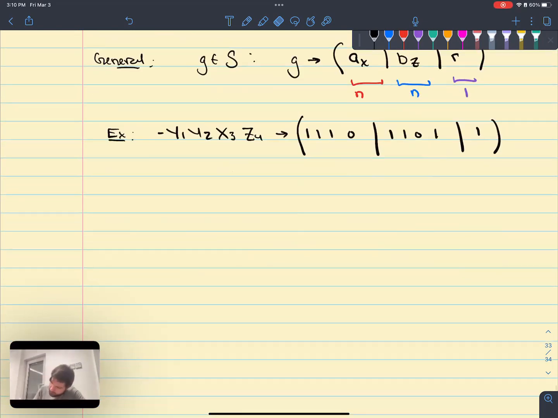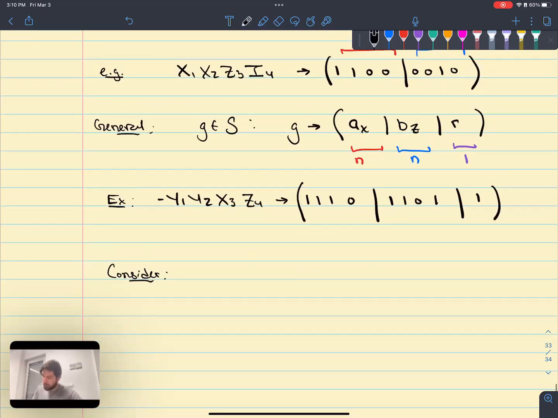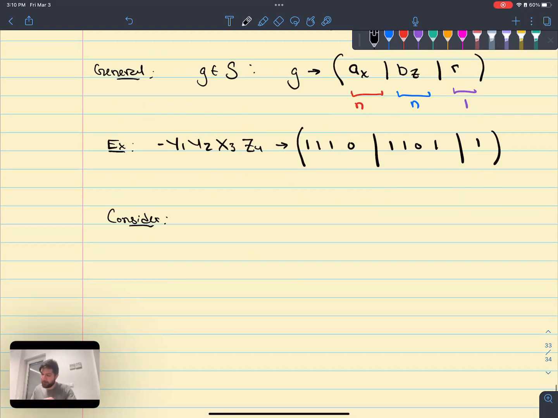So actually, if you can see what's going on here, these bit strings of ones and zeros, I will write them as vectors.